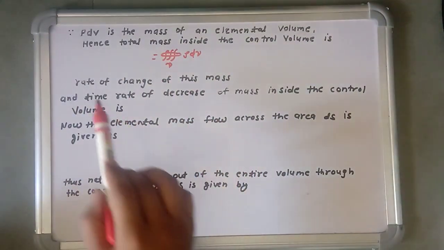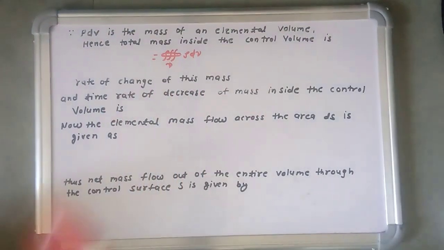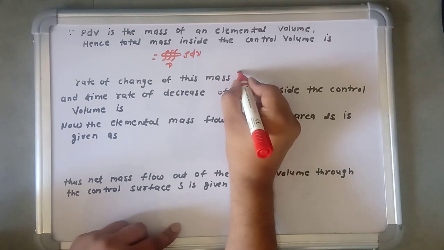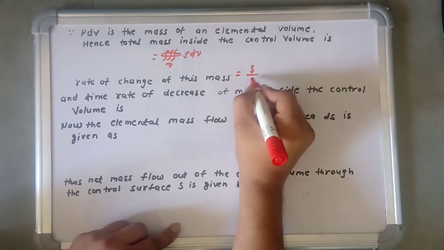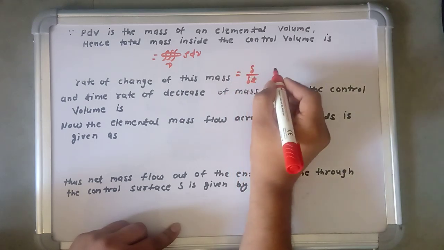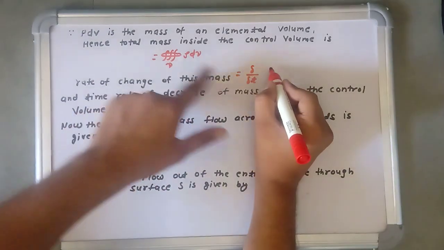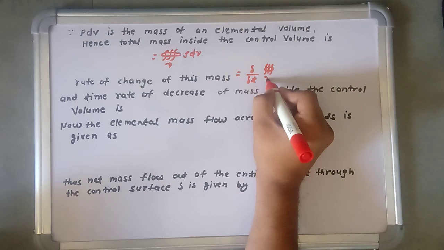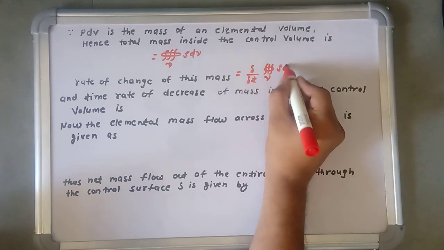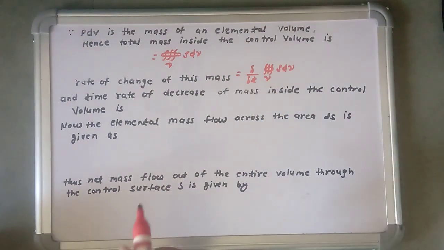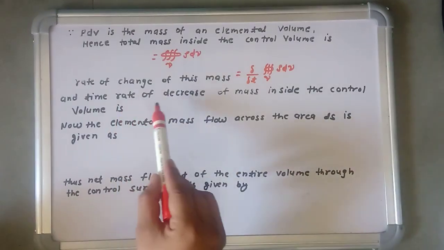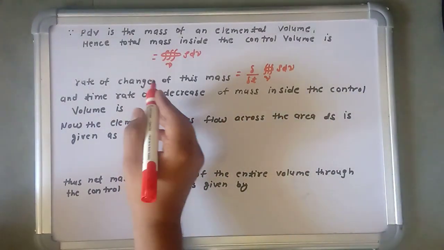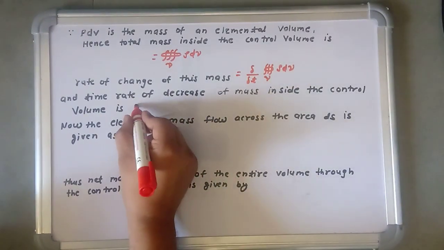Now the rate of change of this mass equals del by del t of this whole term as it is. The time rate of decrease of mass inside the control volume is given by the negative sign.